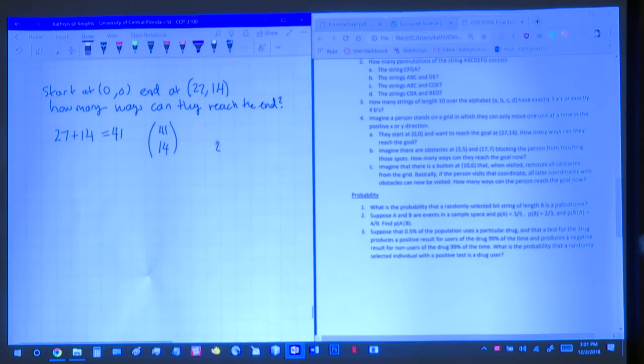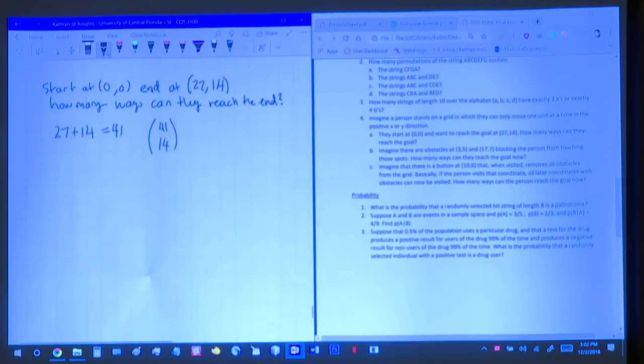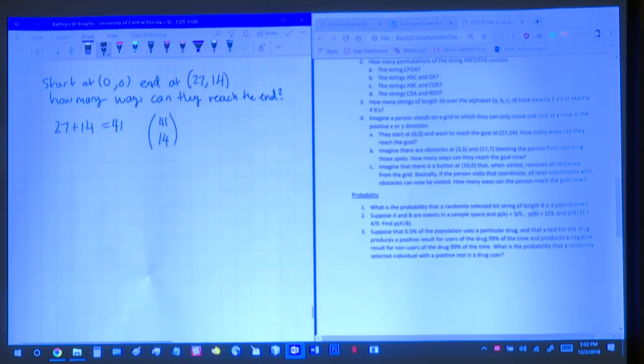Any questions about this one? This one's pretty straightforward. If not, I'll move on to the next part. Would it not be 41 choose 14 plus the remainder, choose 27? Well, there's only 2 options he can move.